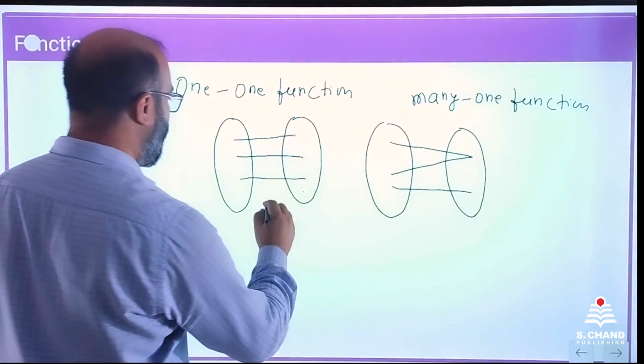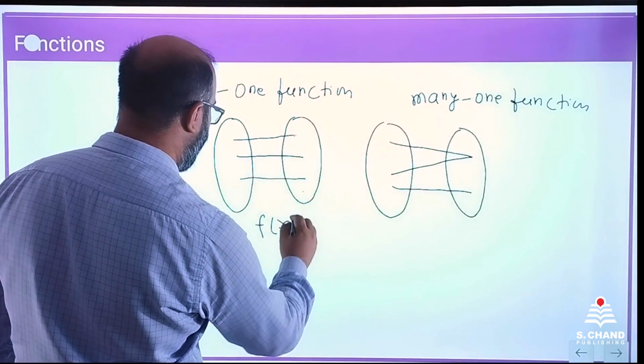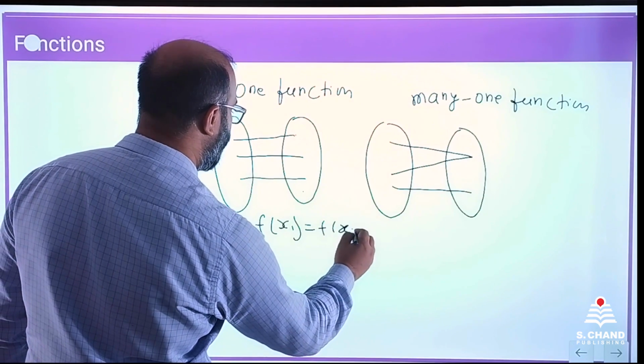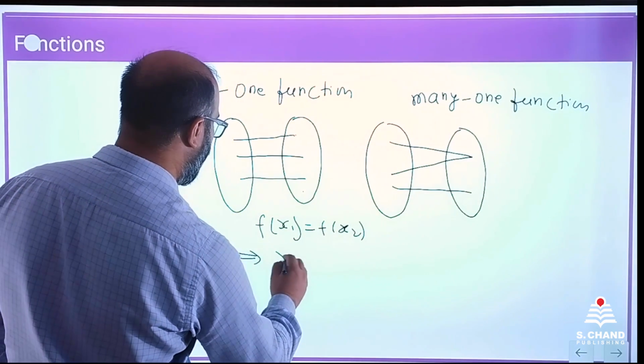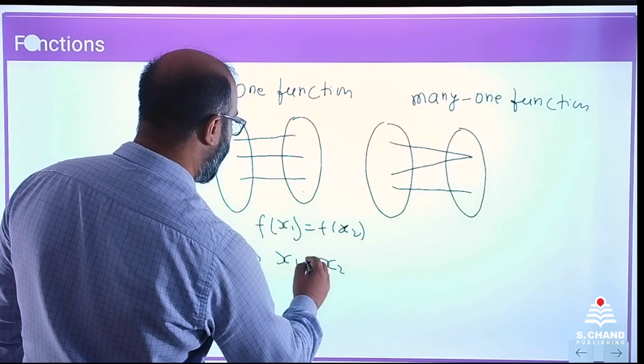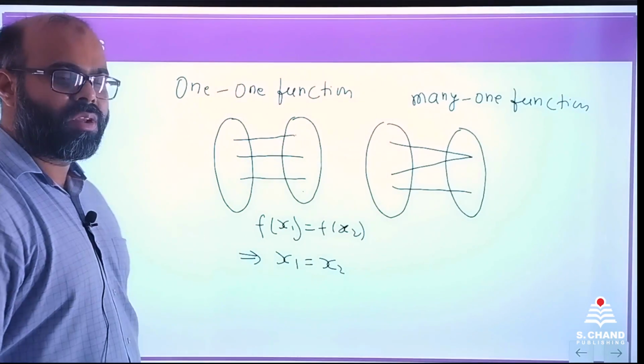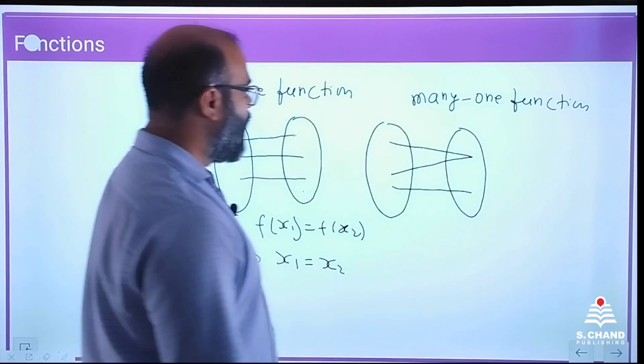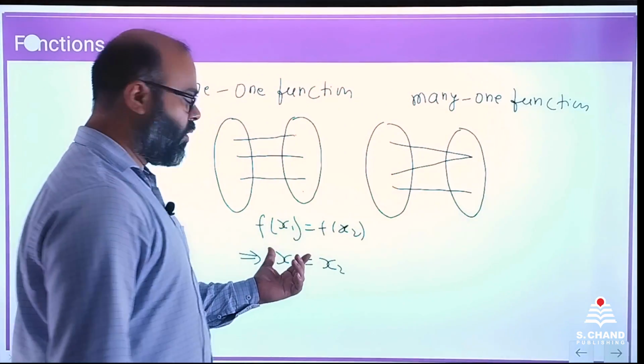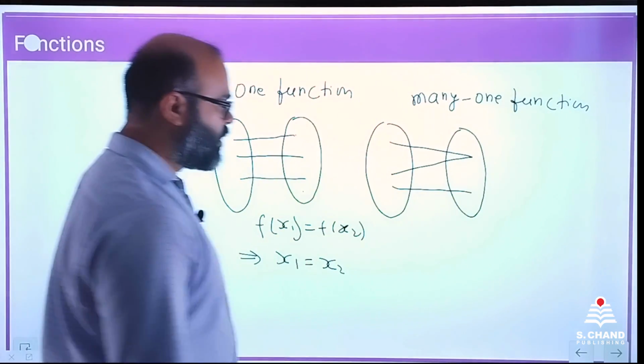But you can see that for one-one function, f(x1) is equal to f(x2), which implies that x1 is equal to x2. This is how you can write the definition of one-one function. And for many-one function, this will not be satisfied for all of the results.